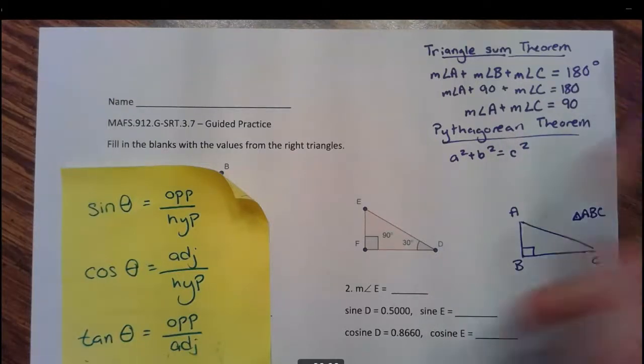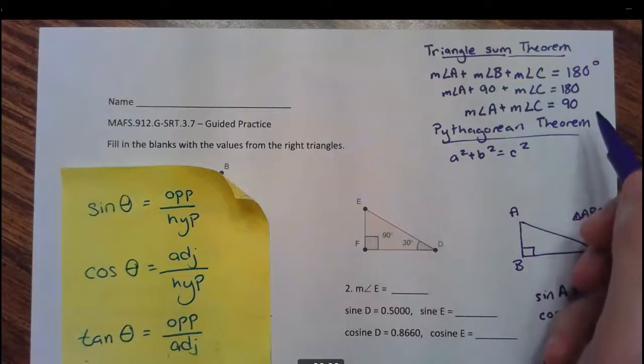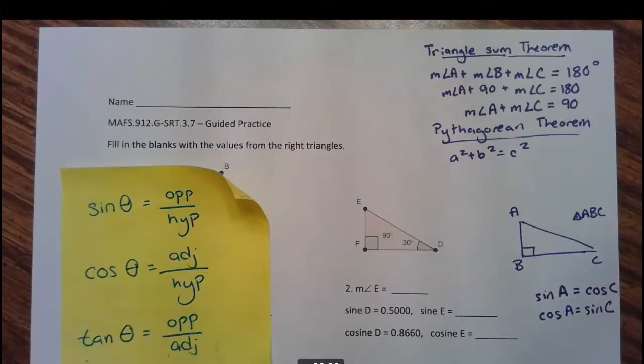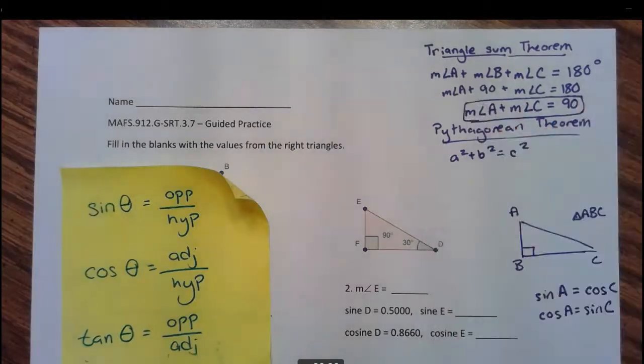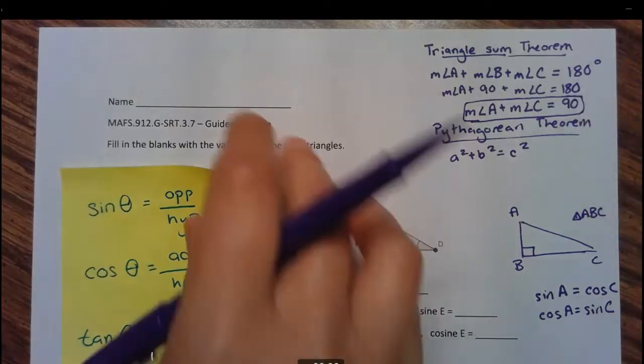Since this is true, we can say A and C are complementary angles, and we can also say that these two things are true, and that's the reason that that is going to be true. So we're going to be using this to shorten out a little bit of work. Instead of saying all the angles add to 180, we can say those other two angles add to 90.